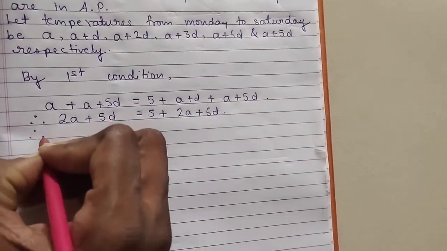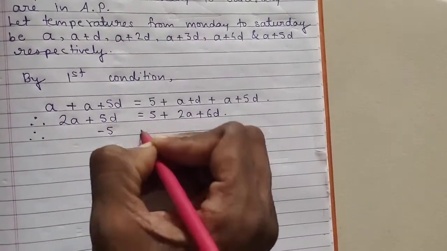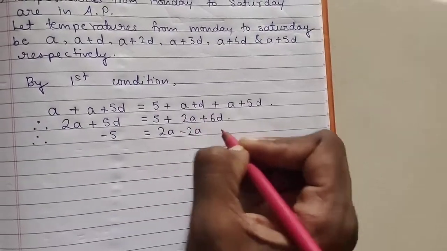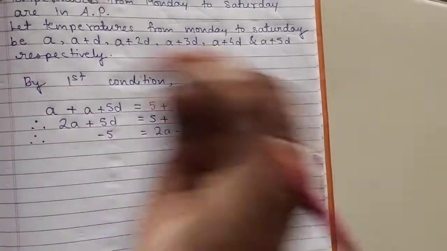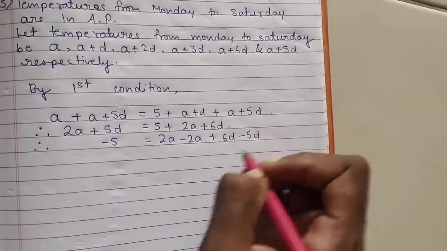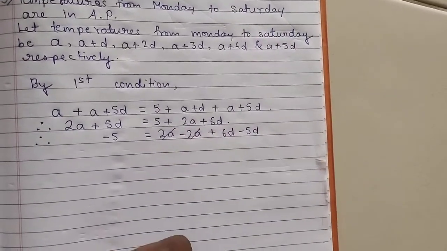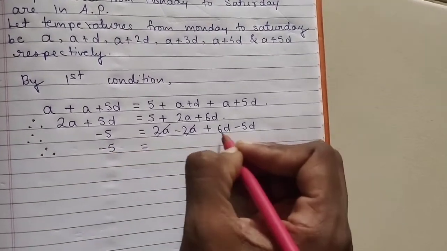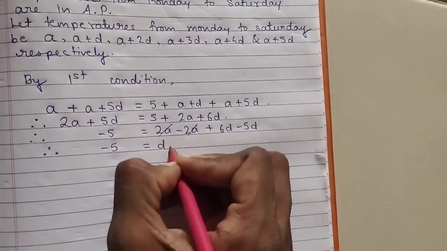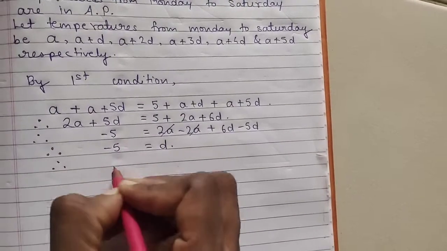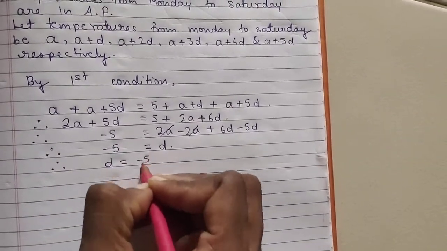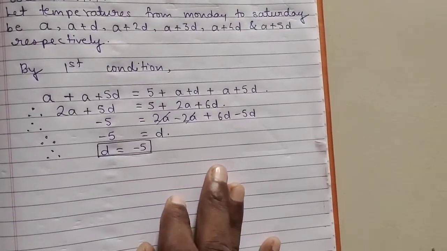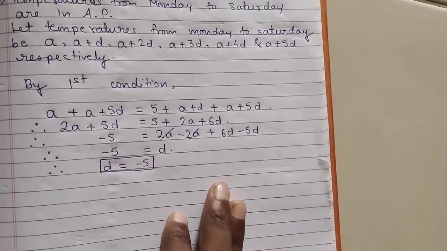So if you take this 5 to this side, it becomes minus 5. And take this 2A to the other side, so minus 2A. 6D as it is and 5D becomes minus 5. Now 2A minus 2A get cancelled. So here you are having minus 5 is equal to 6D minus 5D, which becomes only D. So finally you got D is equal to minus 5. Okay.